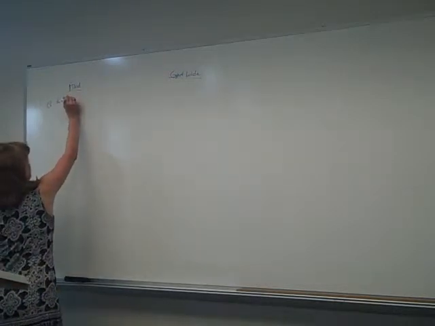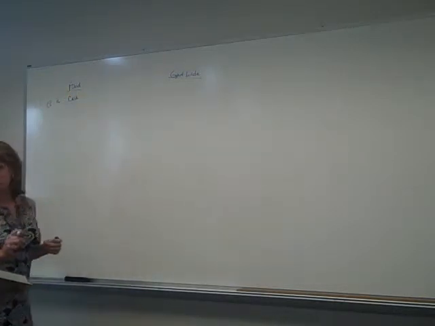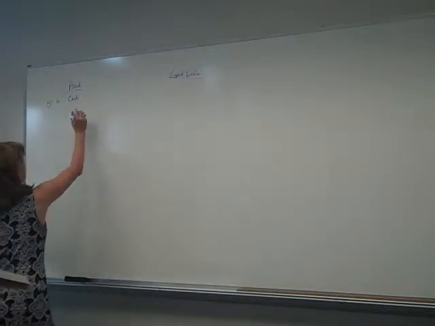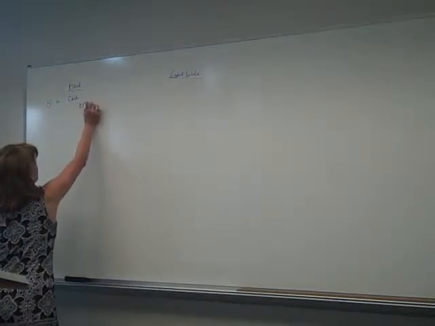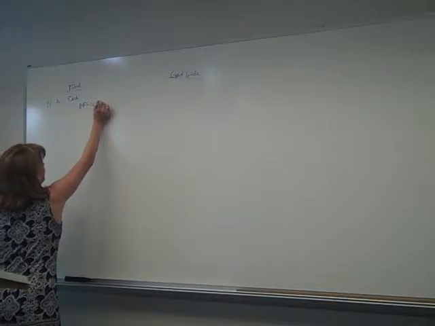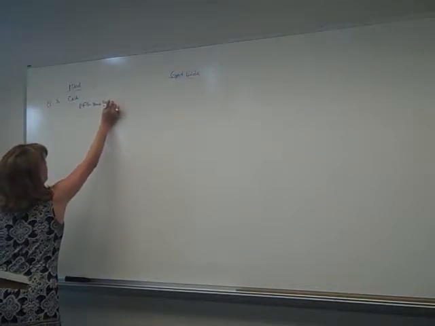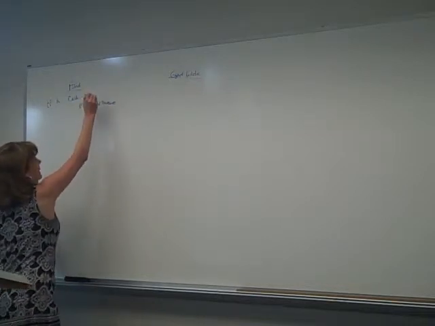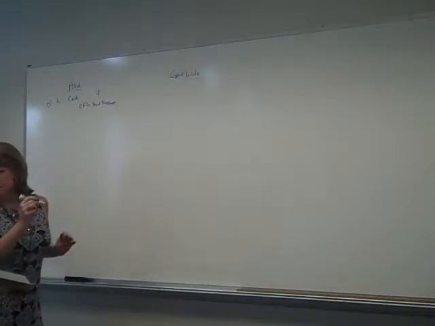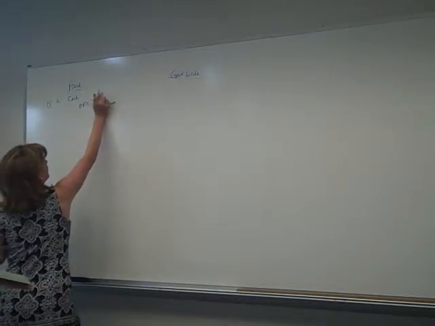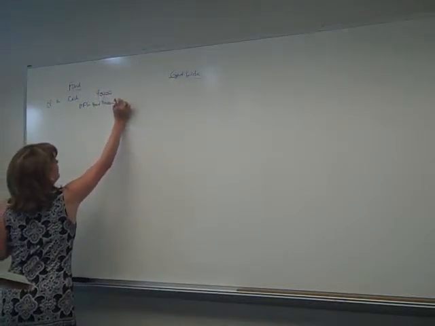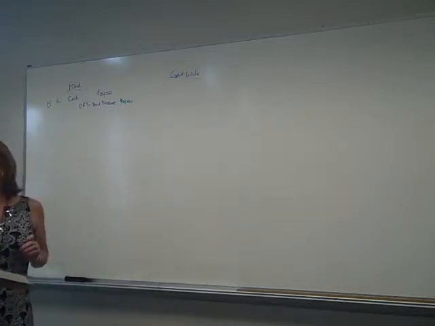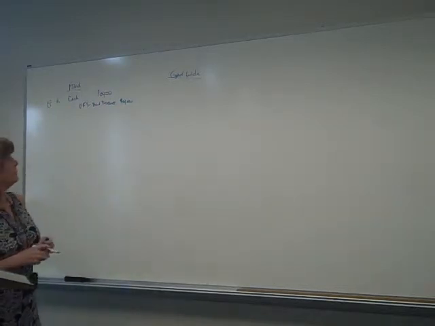So debit cash and credit other financing sources, bond proceeds, $900,000. Remember that the answer to this is on the website, on the portal. So that is your journal entry for A, for the fund financial.